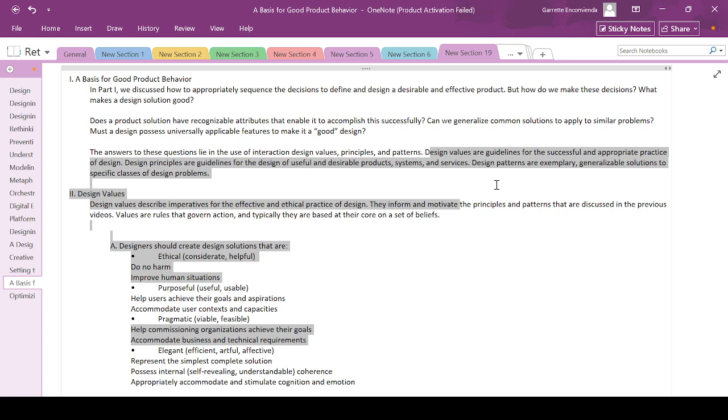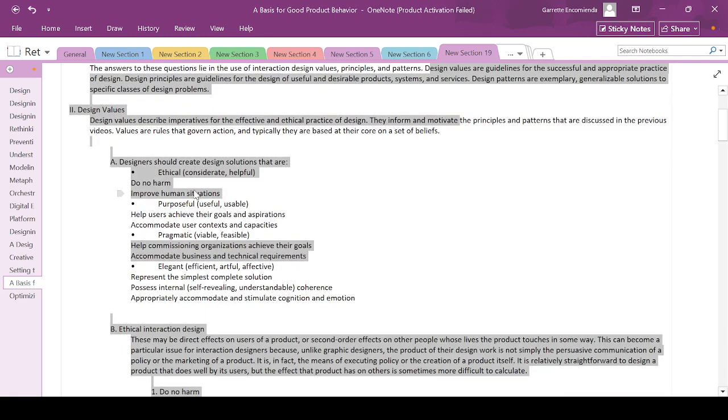So kind of like a systematic way of defining what is useful across all attributes. Design patterns are exemplary, generalizable solutions to specific classes of design problems, kind of like a proven solution to that context.